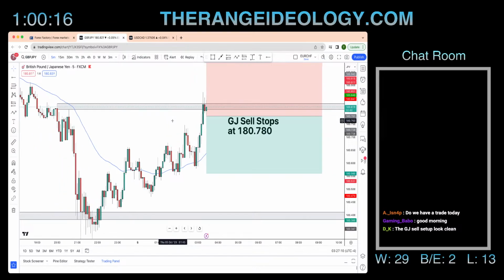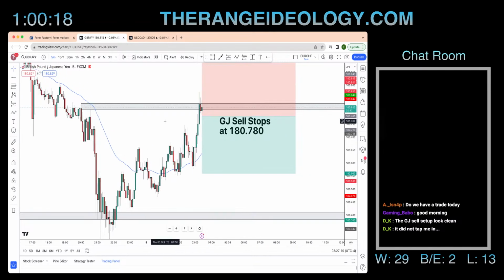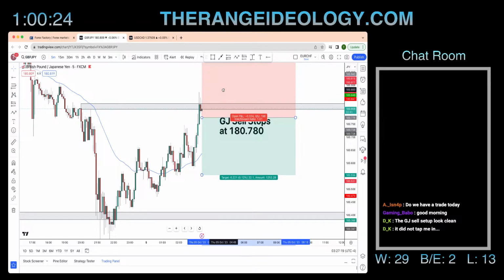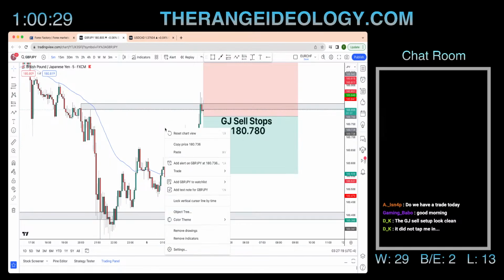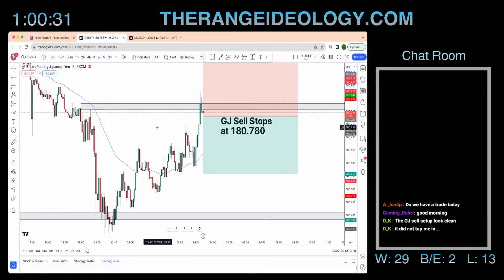Okay, if it did not tap you in, you're still not in, I guess, yet, but I believe this is going to push down. So I believe anybody who's in the setup will be tapped in at 780, because we did make some adjustments. There you go. So let's pass this now.